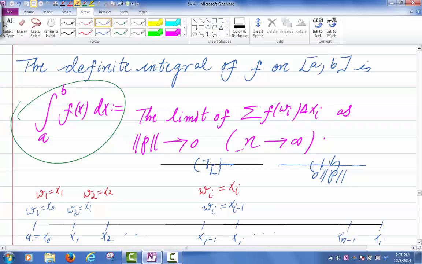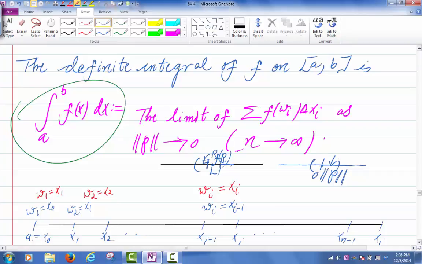That's the number L. What I'm saying is that I can make the value of the Riemann sum as close to L as I desire. I can make the value of the Riemann sum of f with respect to the partition P as close to L as I desire by picking the mesh of the partition small enough.